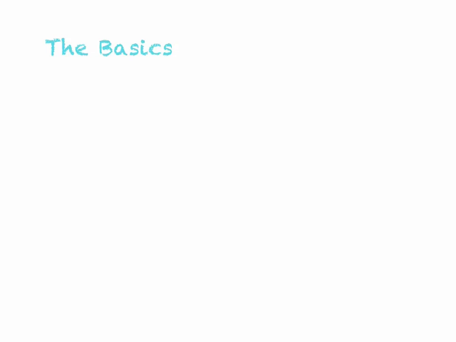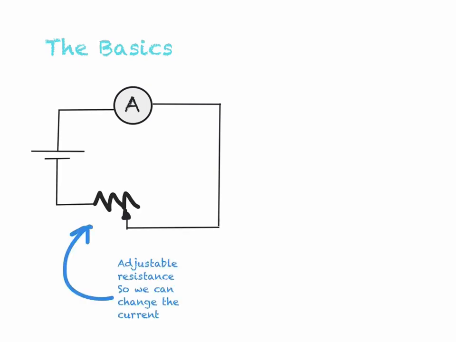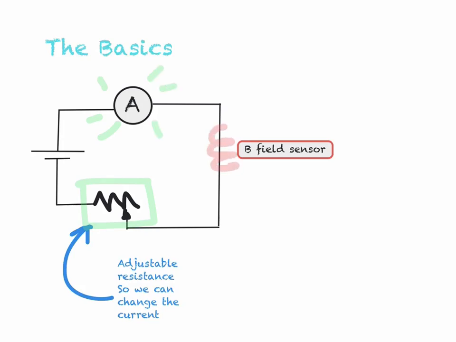Now, if we set up an experiment where we had an ammeter connected in some sort of a circuit, and we had probably some resistance just so that we can control that, and we had a magnetic field sensor, maybe a Hall sensor, placed right over here, we could vary the current, and we could measure the magnetic field as a result.